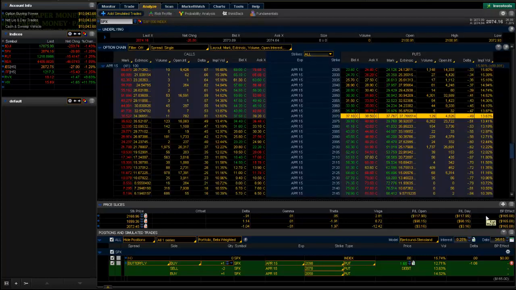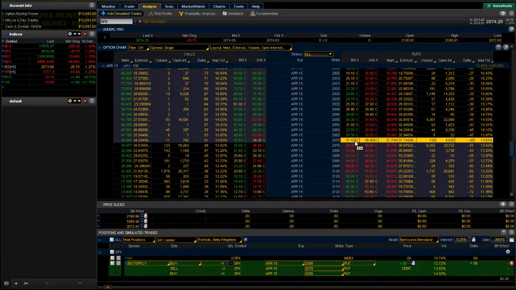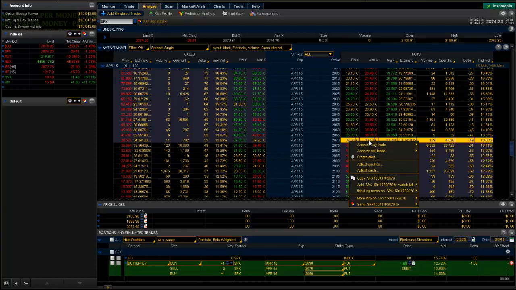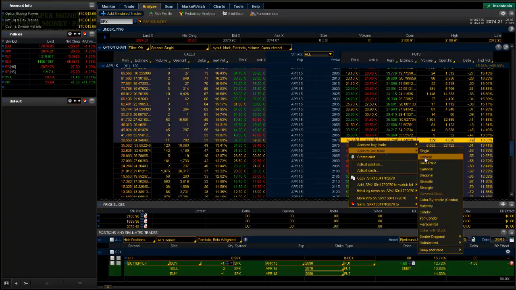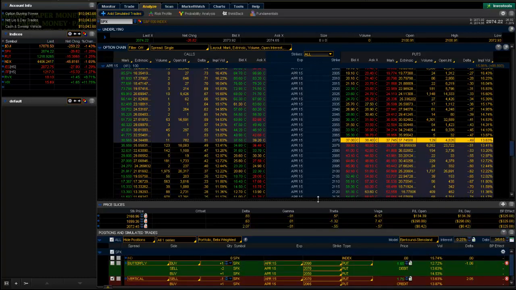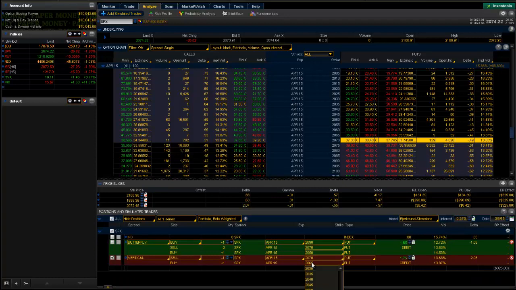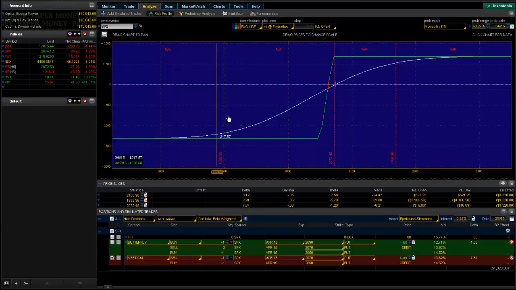Now, that has the same profile look as, well, remember, we talked about debit and credit spreads. If I came right here at the money and wanted to sell a vertical credit spread, 2070 and 2050, that is a put credit spread with the short being right at the money. We have defined risk to the downside and defined profit potential to the upside.